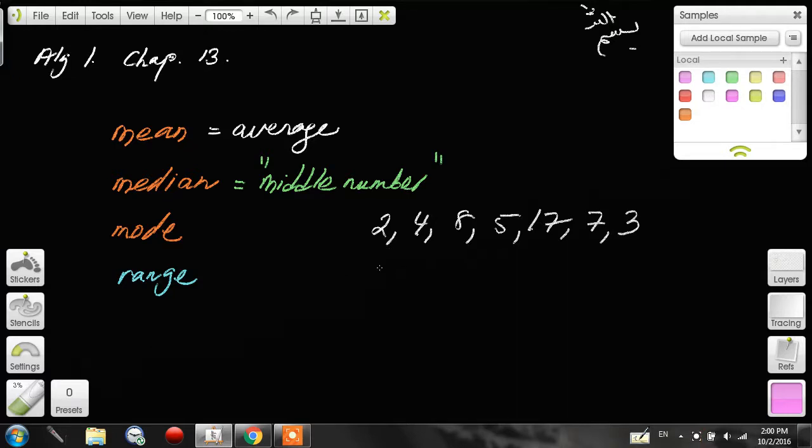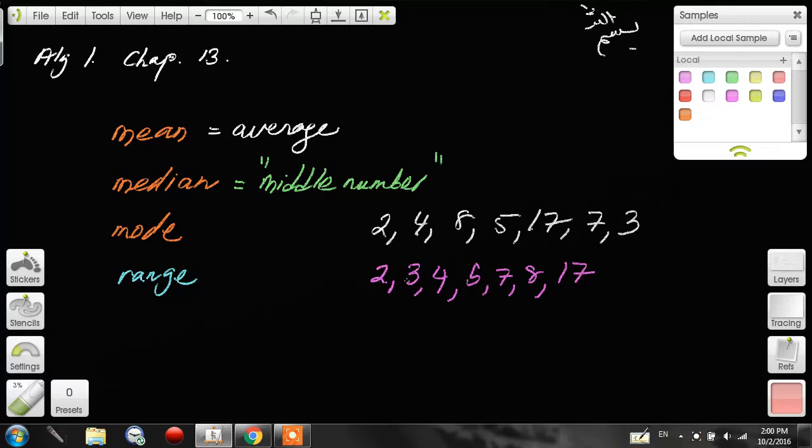Well, in this case, it would be 2, and then 3, and then 4, and then 5, and then 7, and then 8, and then 17, right? Now that we arranged the numbers from the smallest to the largest, now you can find the median or the middle number. See, there's no calculation necessary here to find the middle number, okay?